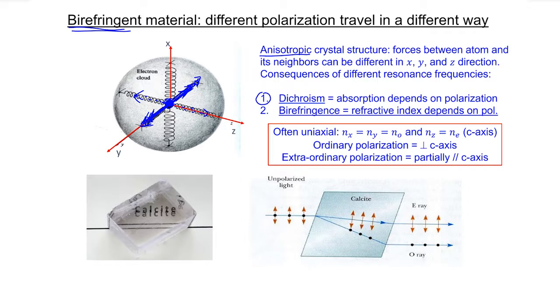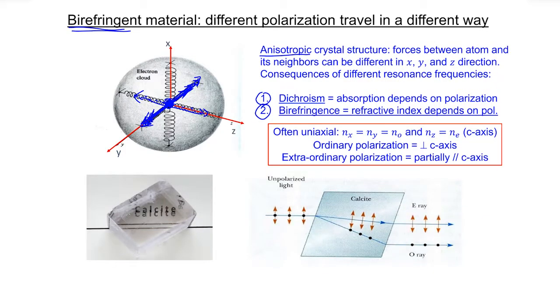A second consequence of anisotropy is birefringence. With birefringence, I mean that the refractive index for light in one polarization can be different than for the other polarization.